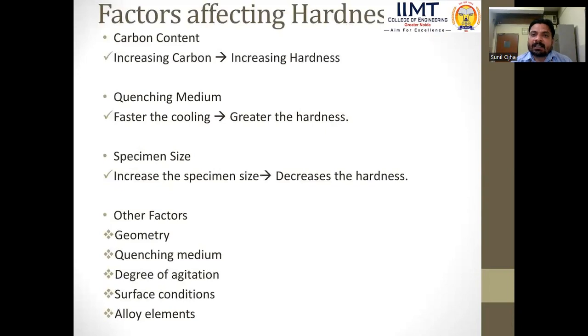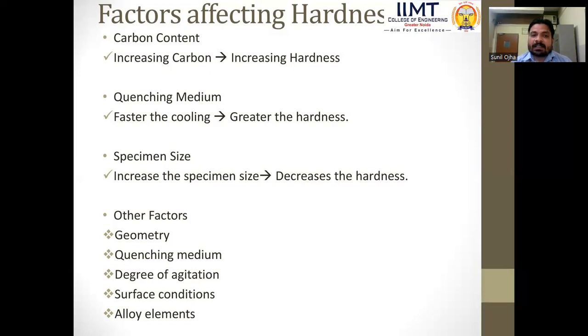Factors that affect the hardness: first is the carbon percentage in the steel. By increasing the carbon percentage, hardness increases. Next is the quenching medium used in the hardening process. The faster the cooling, the greater the hardness we achieve.